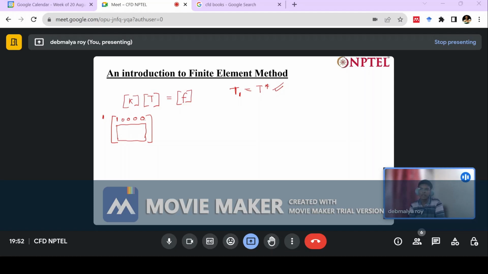I am just playing with the first row. So this is 1 and the rest are all 0. What will that make the left hand side? The left hand side is basically T1, T2 and so on, and now becomes just T1, because 0 is multiplied with all of the other temperatures.